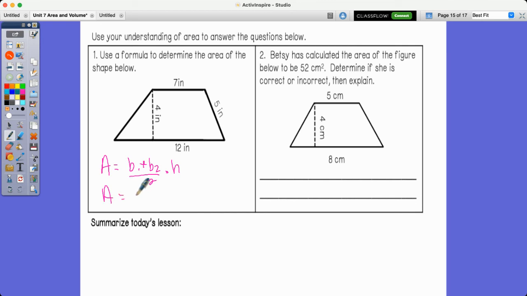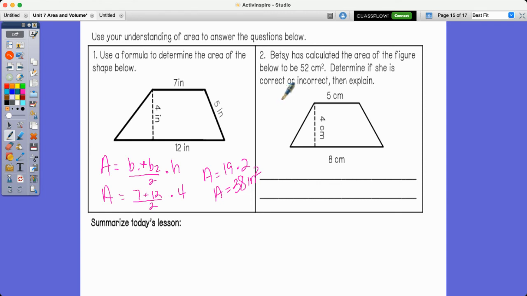So area equals 7 plus 12 divided by 2 times height. Sorry, 4. In this case, this is not an even number, so I can decide to divide my 4 by 2, which gives me area equals 19 times 2. That makes it a little easier, and we know the area is then 38 inches squared.